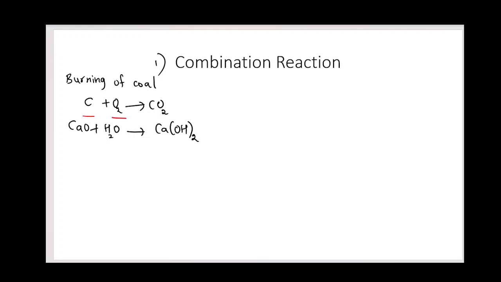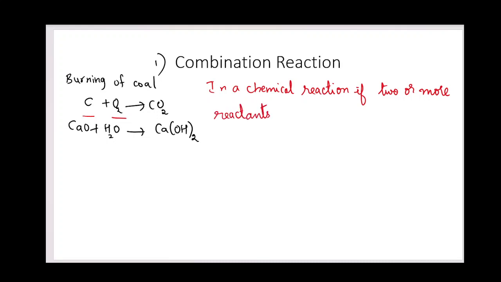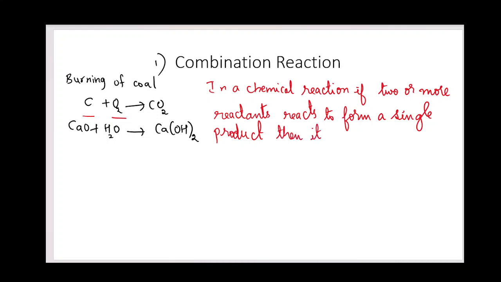So how can we define the combination reaction? In a chemical reaction, if two or more reactants react to form a single product, then it is called chemical combination.